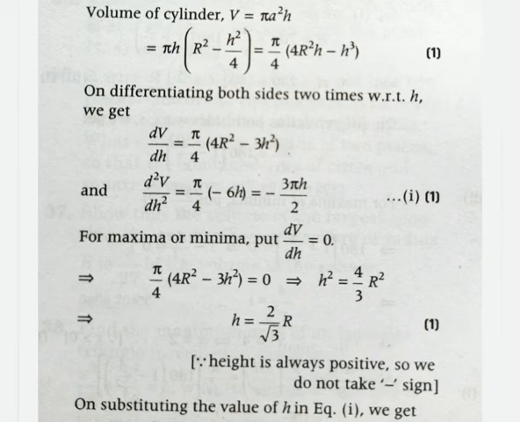Now, after that, we differentiate again one more time from the value that you have got in the first order derivative to get the second order derivative. And we put dV upon dh equal to 0 to find out the value of h. Now, if you have done that, then you will be getting the value of h equal to twice of the radius r upon square root of 3.